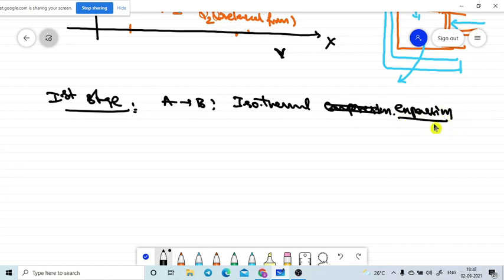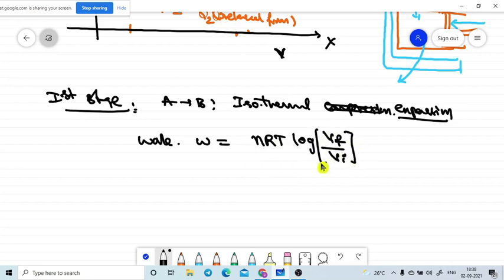We know the formula for the isothermal expansion. What is the work done? Work done in the isothermal expansion, W is equal to nRT log of V final over V initial. This is the standard formula we are using.